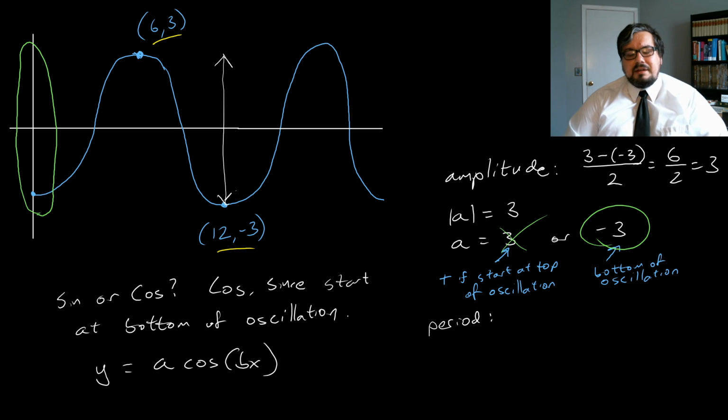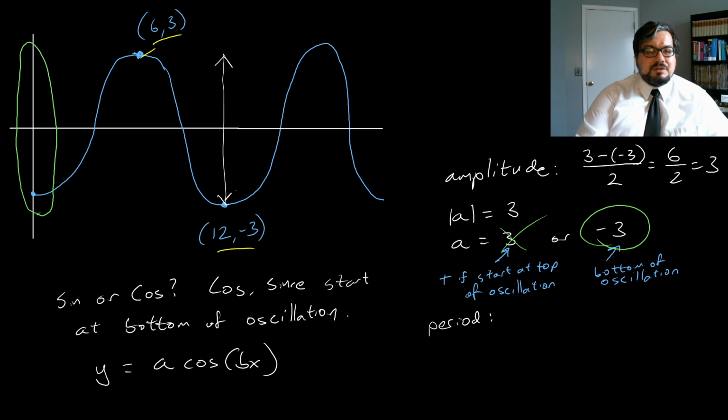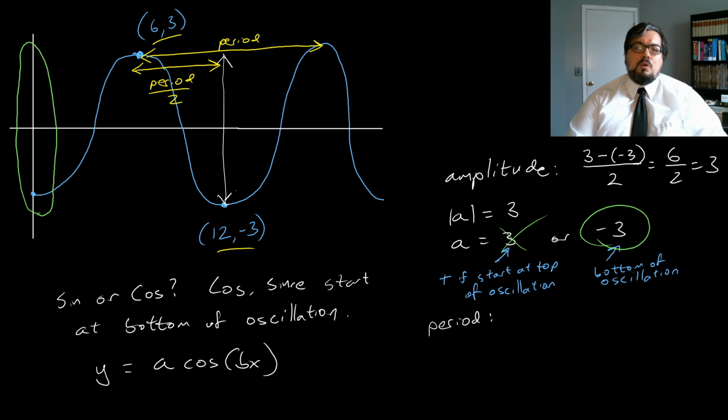So the period is the distance from one peak to the next, but it's also going to be twice the distance from one peak to the next valley. So in this case, the period is going to be 2 times the distance from this peak at 6 comma 3 to this valley at 12 comma negative 3.